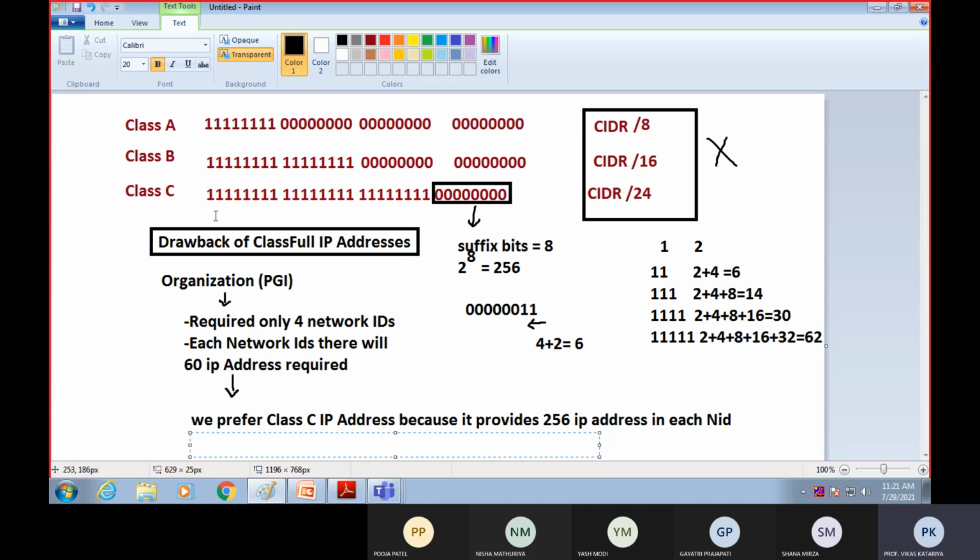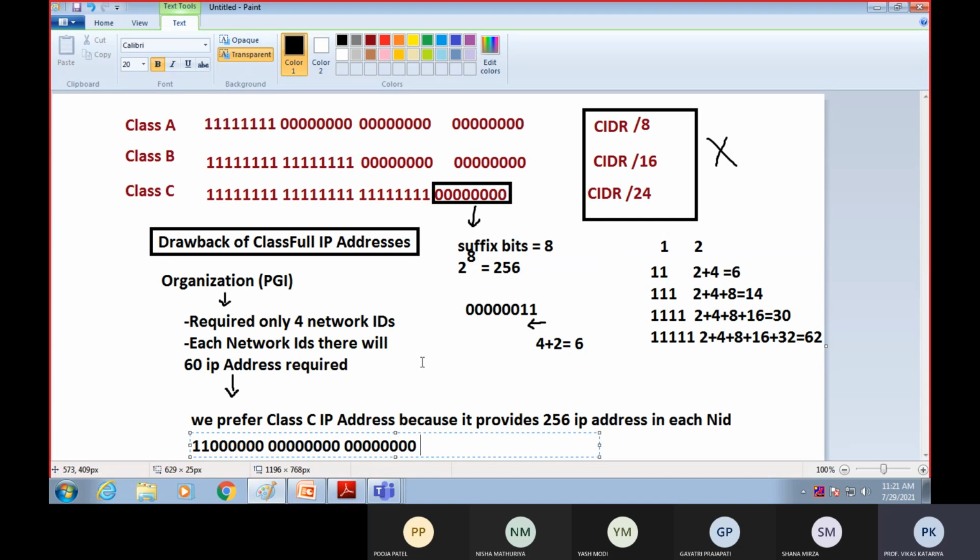If we set the leftmost bits to 1, that means 1 1, the rest is 0. 1 2 3 4 5 6 7 8, 1 2 3 4 5 6 7 8, 1 2 3 4 5 6 7 8. This is the class C. We require only 4, so setting the 2 leftmost bits to 1 gives us a total of 6 network IDs.